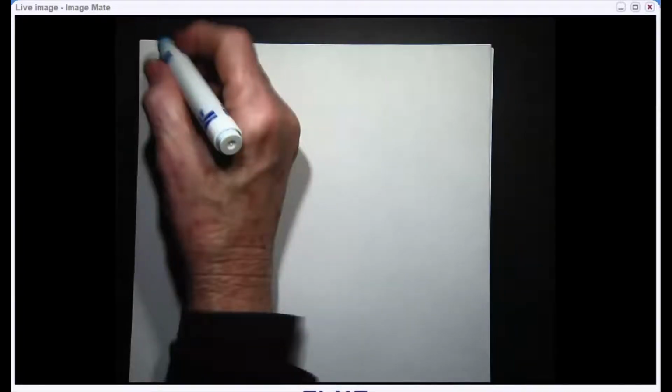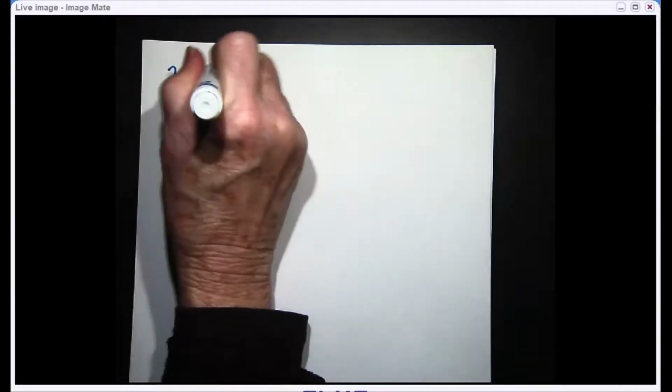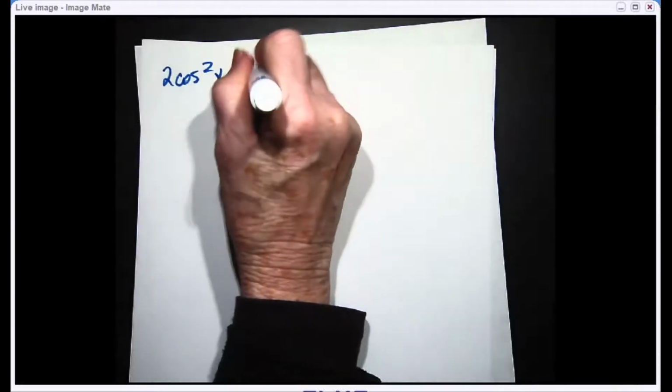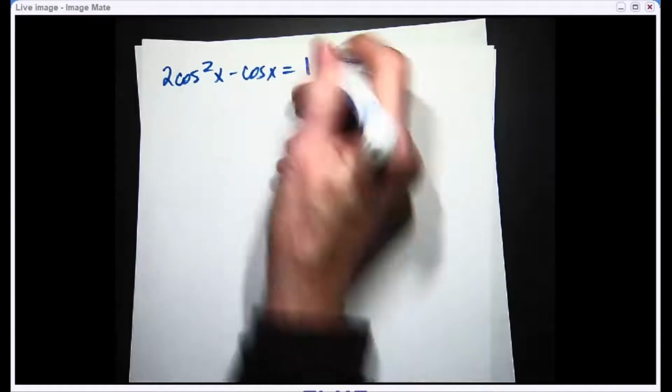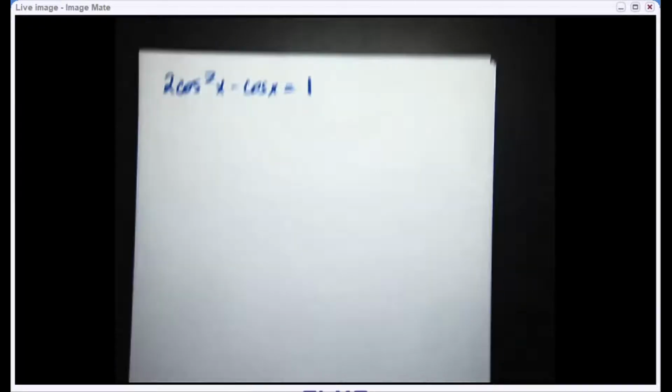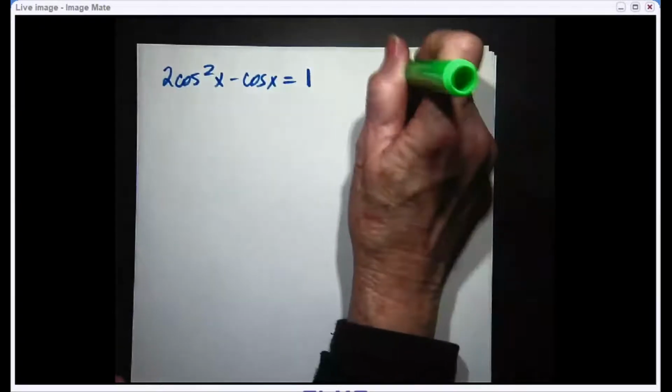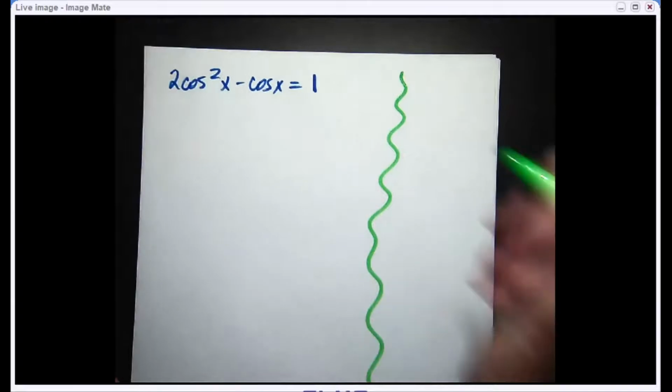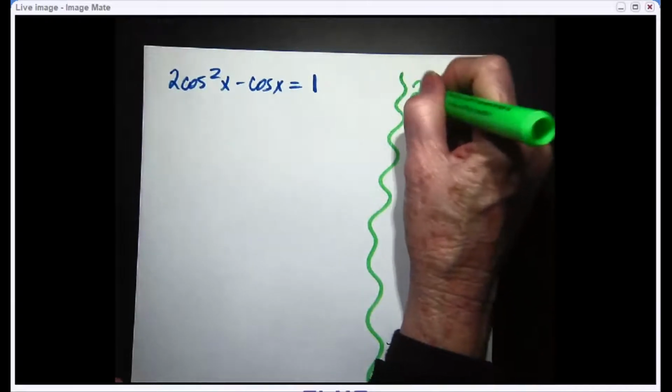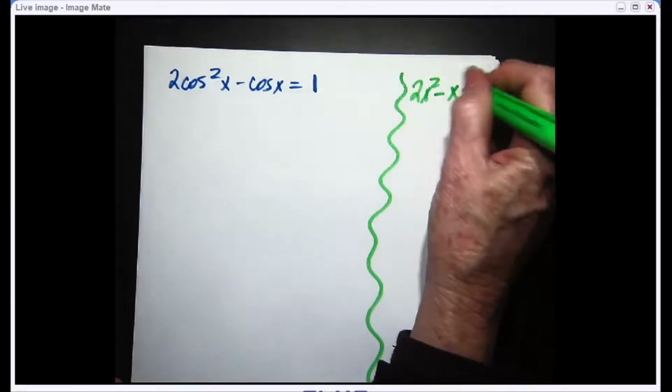That's another problem. So if I were to have 2 cosine squared x minus cosine x is equal to 1. Thinking about what I would have had before, that's like saying 2x squared minus x is equal to 1.